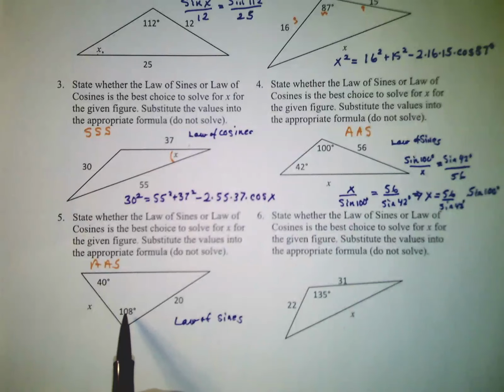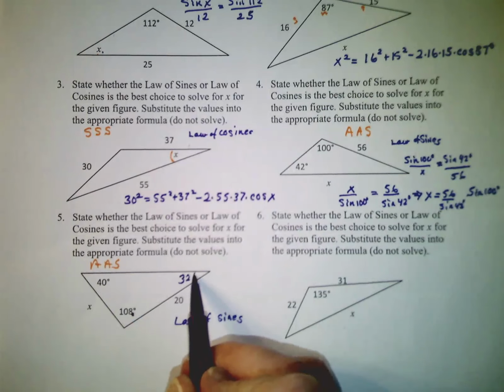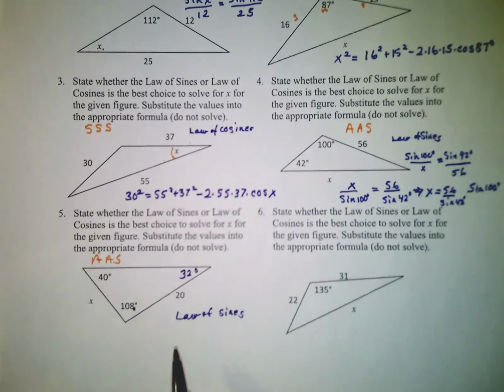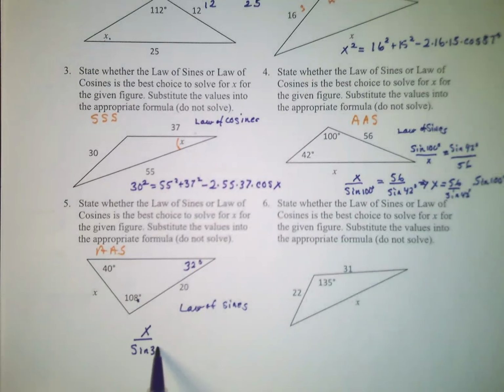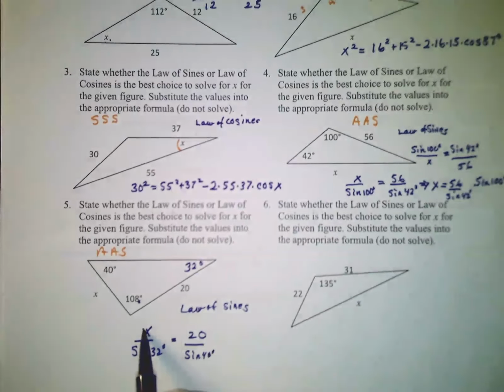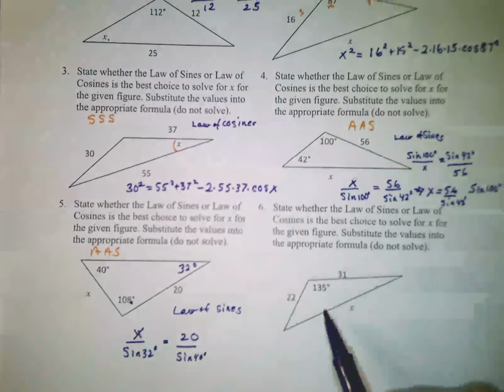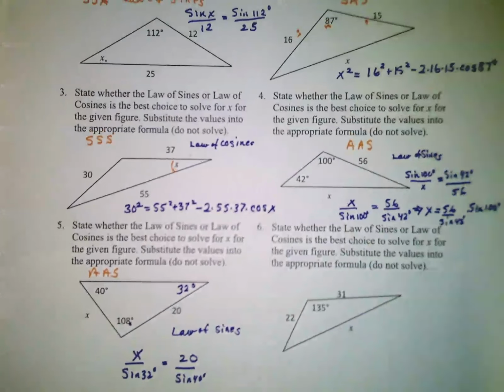But we already have used up 148 degrees in these 2 angles, which means this angle has got to measure 32 degrees. And now we do have enough information. We could say x over the sine of 32 degrees has to equal 20 over the sine of 40 degrees and solve for x. Number 6 is almost identical to number 2, so we're going to skip it.